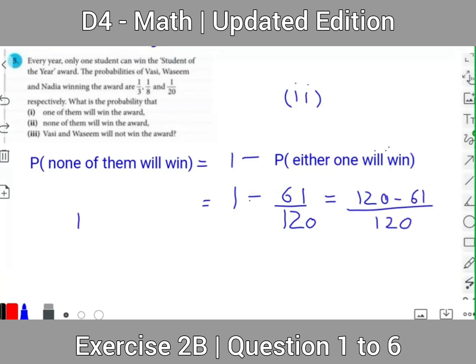And after subtracting, it will give us 59 over 120. So the probability that none of them will win will be equal to 59 over 120.